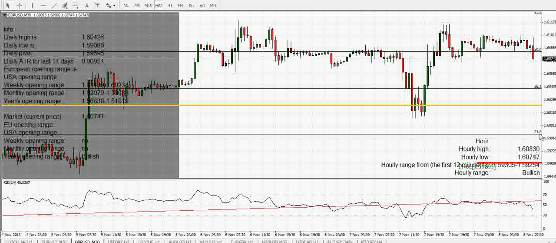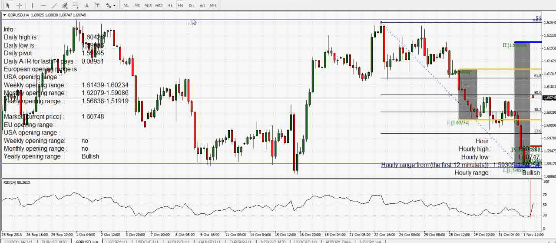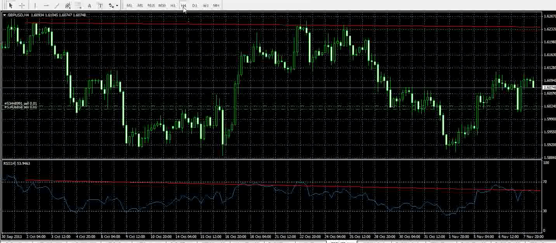Right now, during this video, let's go to the black chart to see what's happening. Right now I am looking at the 4-hour RSI trend line. No, it's not yet.